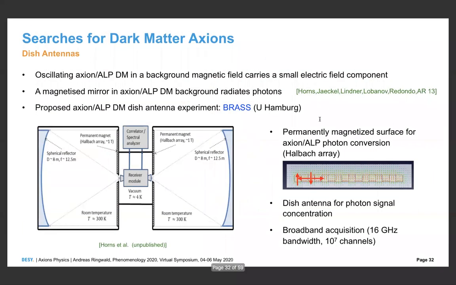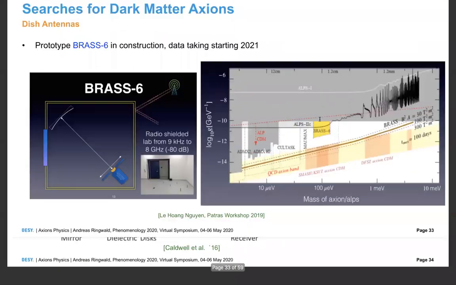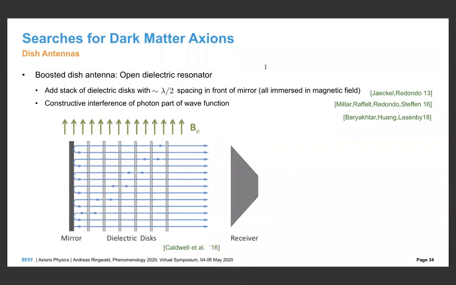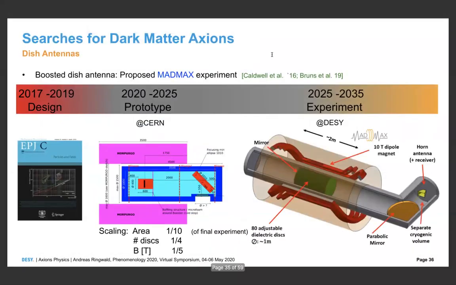However, there have been ideas now to boost these signals by adding dielectric disks with a lambda-half spacing in front of such a magnetized mirror. Then you can get constructive interference of the photon part of the wave functions. And such an experiment has been proposed.